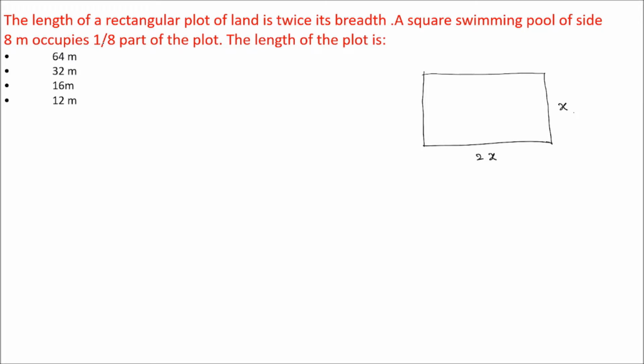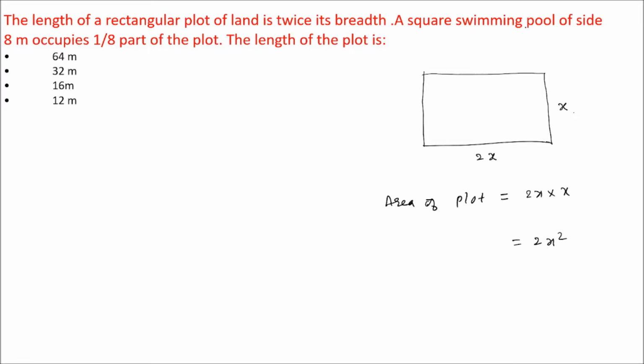The length of the plot is? So I can write the area of the plot is equal to 2x into x, which is 2x square. And what is the relation given?